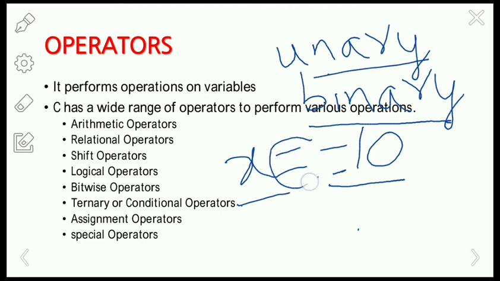So here equals to acts as a binary operator. These are the general operators we are using, and we are going to apply this in the remaining wide range of operators.